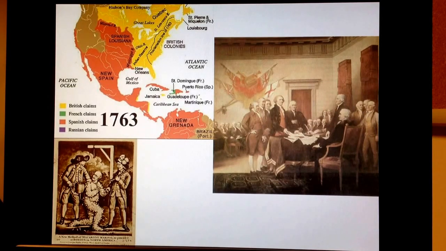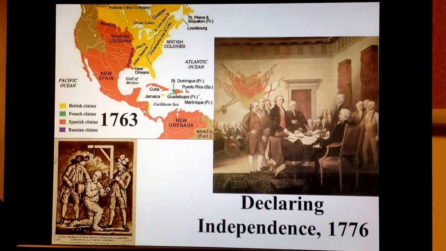And the conflict between the British government and these colonial leaders escalated to the point that colonial leaders actually declared independence from Britain. And that's why 1776 is such a big deal in American history. That was the date of the Declaration of Independence. That was where 13 British colonies along the East Coast declared independence from the country that had created those colonies, Britain.